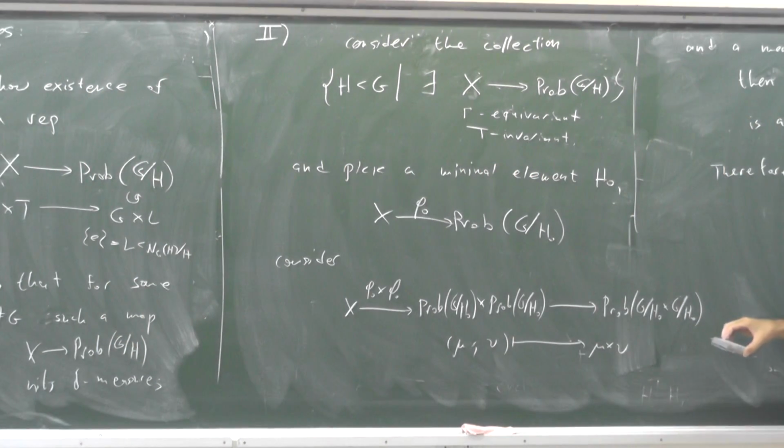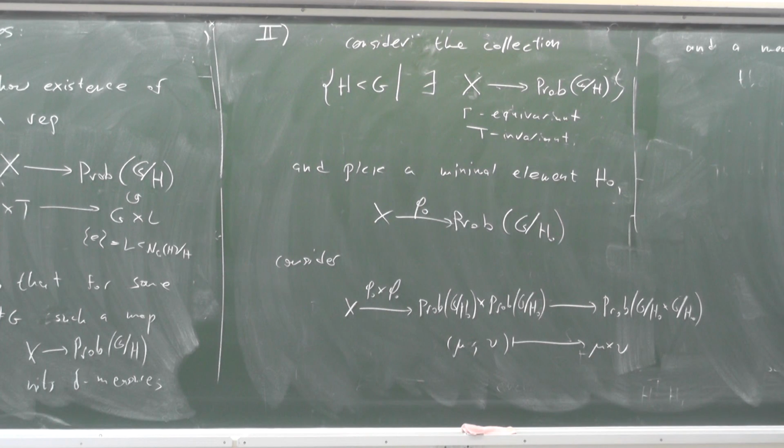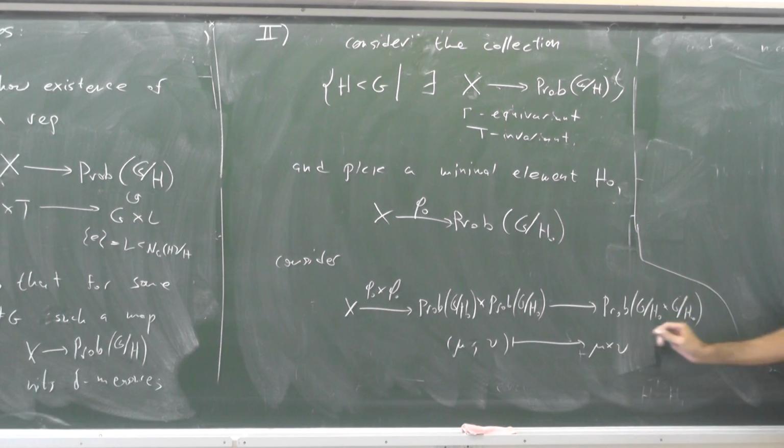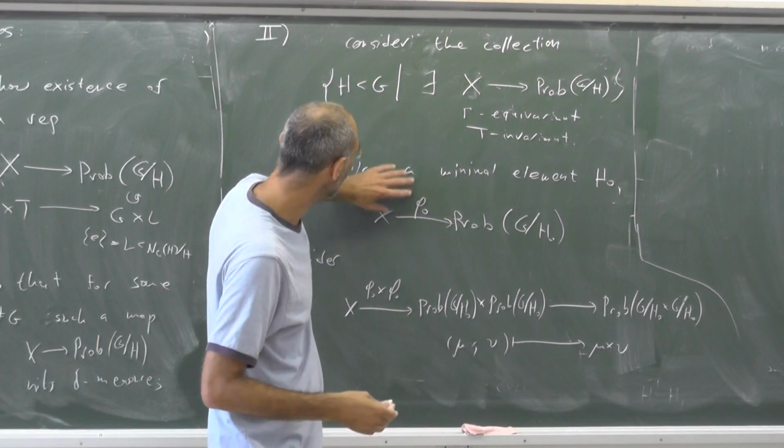So I'm getting a map with similar invariance properties to this space. And what is special about this space is that typically, in the product space, the stabilizers of points are smaller than H0. Here, in G mod H0, the stabilizers of points are all conjugates of H0. The stabilizer of a point in this double space, a generic stabilizer, is an intersection of two conjugations of H0, right? Which typically decreases the dimension of H0, and by this I will eventually get a contradiction to this minimality.